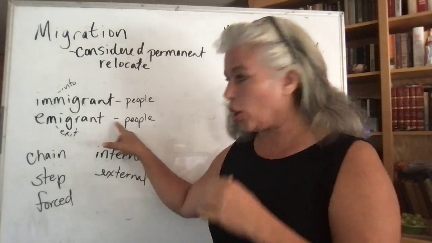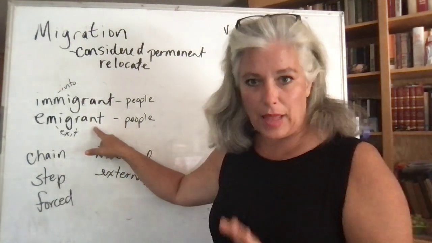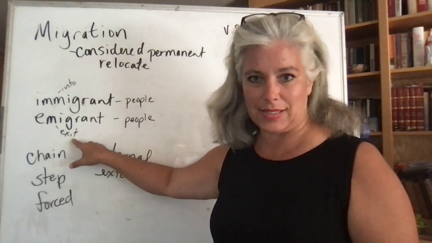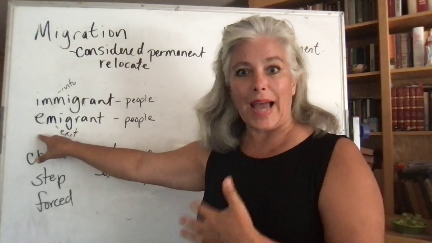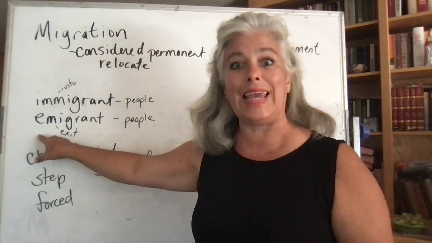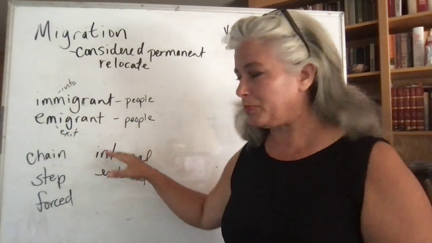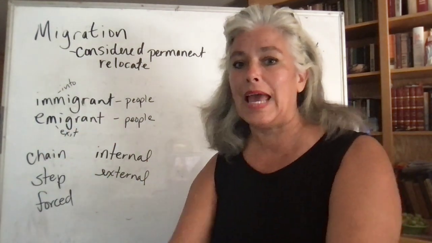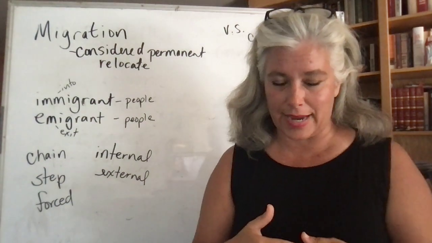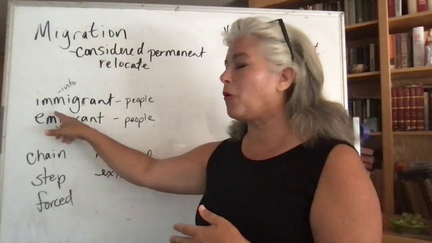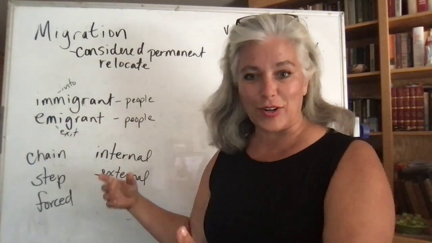If a person is leaving a place, they're exiting the place, then you spell emigrant with an E, as I have it spelled on the board back here. If a person is coming into a place to take up residence, you spell that word with an I. So they're an immigrant in that way.